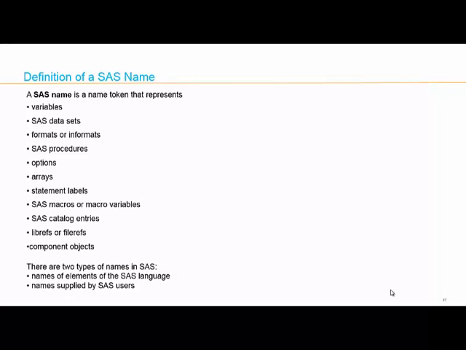In this topic we're going to learn how to define a SAS name. A SAS name can be a variable name, a dataset name, any format or informat which you assign to a variable or create which is not defined in SAS, or any procedure options, arrays, labels which you assign for the variables, a macro definition or a macro variable, the catalogs, the library reference or the file reference, or any component objects.